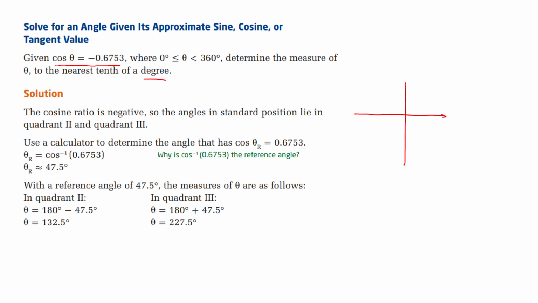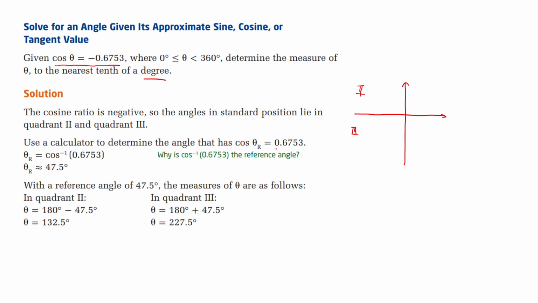First let's determine the quadrant. Because cosine is negative, it should be in quadrant 2 or quadrant 3, right? And then it says use a calculator to determine the angle such that cosine theta equals this.